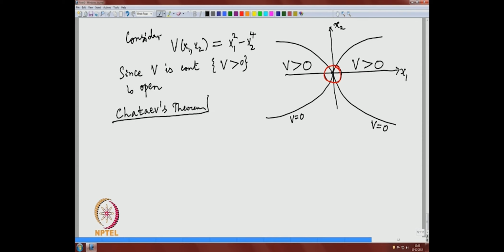Recall that we already did it. The hypothesis of Chetaev's theorem is that every neighborhood of the origin contains a region where V is positive, which is clearly here. This is the region where it is positive. And now, let us compute grad V dot f.